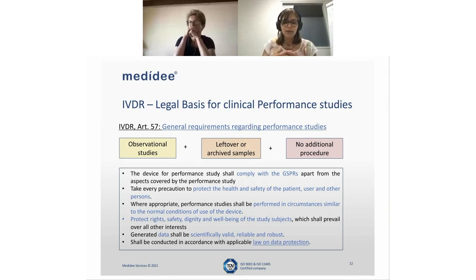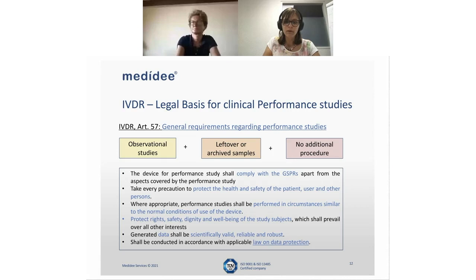Because data protection of the study participant is also a concern of the ethics committee. So it's always good, even for these types of studies, which may need to fulfill fewer requirements than others and put the subject at lesser risk, to still get in contact with the ethics committee to see whether or not an approval for this type of study is needed or can be waived.